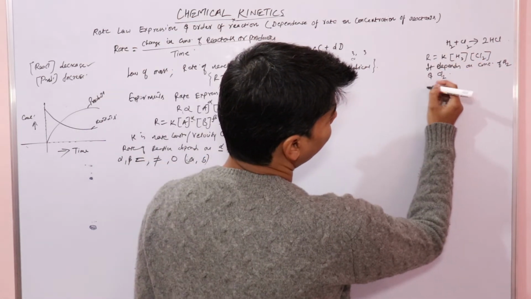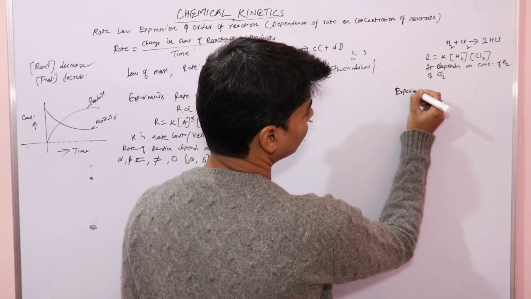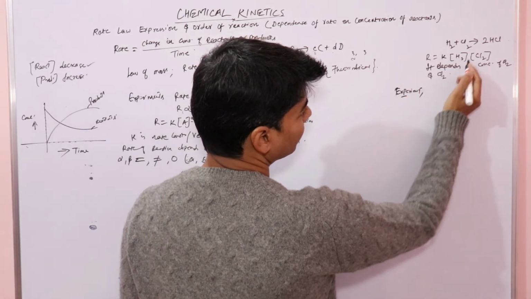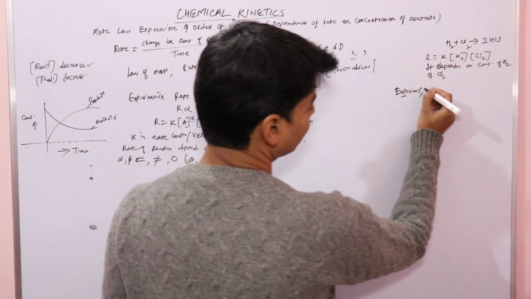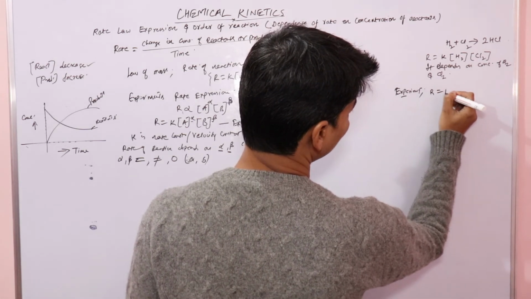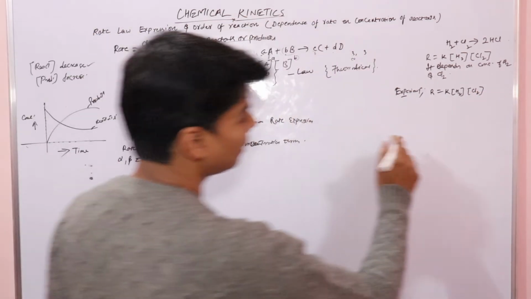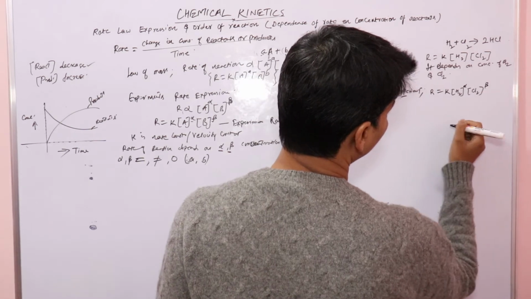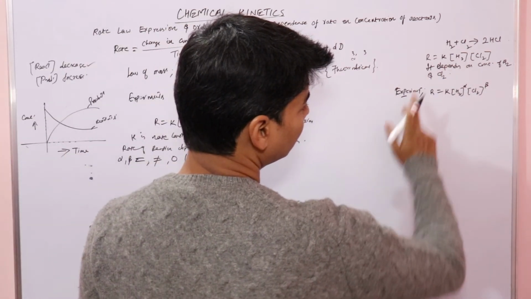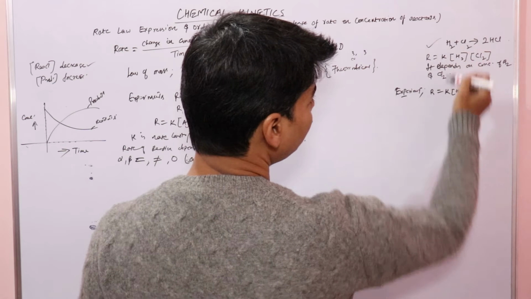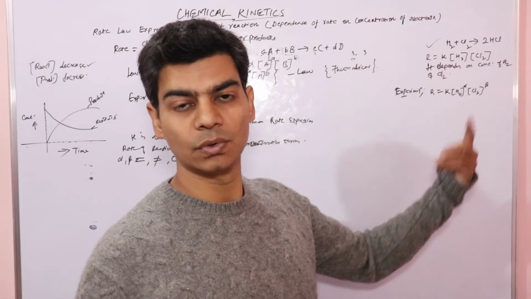And what we found experimentally is that the rate expression would be rate equals K, with alpha and beta, based on the experimental case. Based on the experimental rate expression, this is how I will write the rate expression for the same reaction.